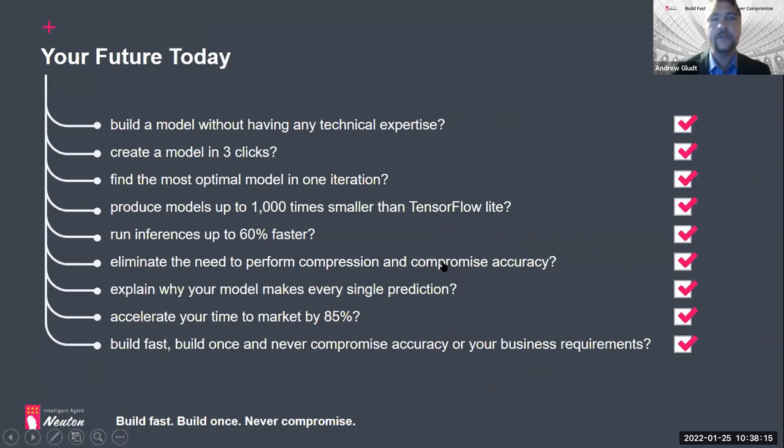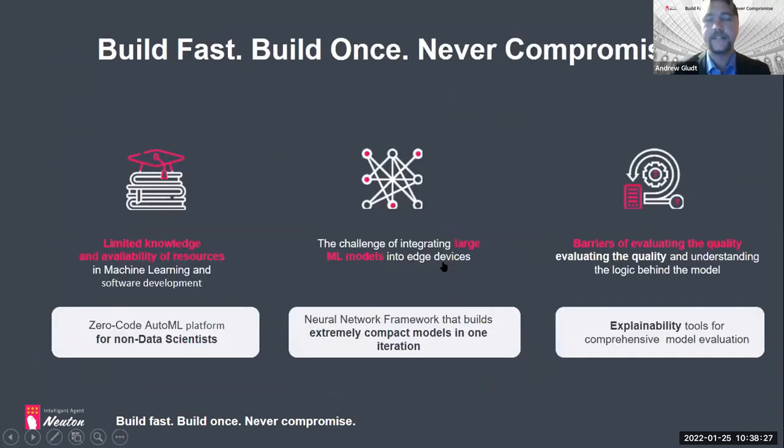So those questions we posed earlier: how can we build a model without expertise? How can we run inferences faster? With Newton, we're able to do that all very quickly. And some of the challenges that Blair shared with us earlier: limited knowledge and availability of resources from an ML perspective, how do we integrate those large models into edge devices, and also evaluating the quality and understanding the logic behind the model.